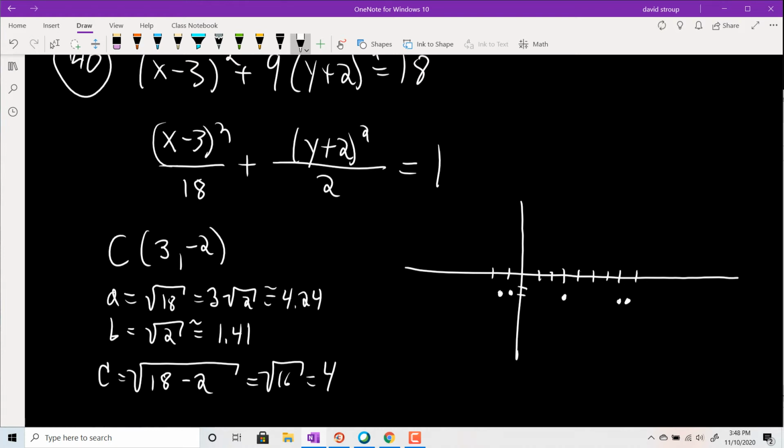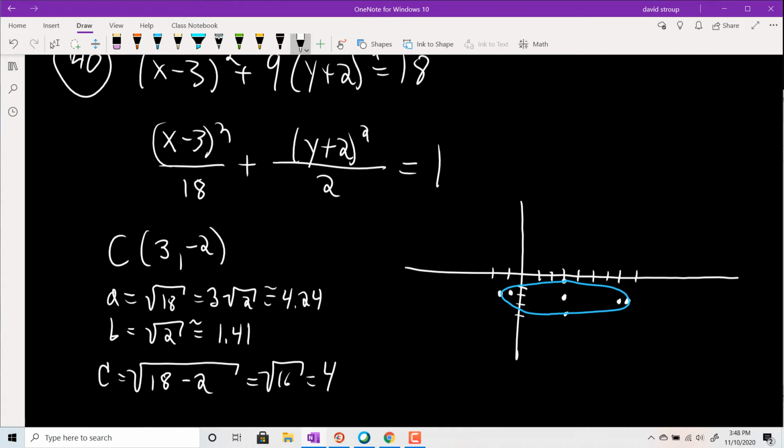And then up and down by b, so 1.41, it's about right there. So I'm sort of smushing this in here, I apologize. And then let's connect the dots, I'll do it in blue. So we get this kind of UFO shape.